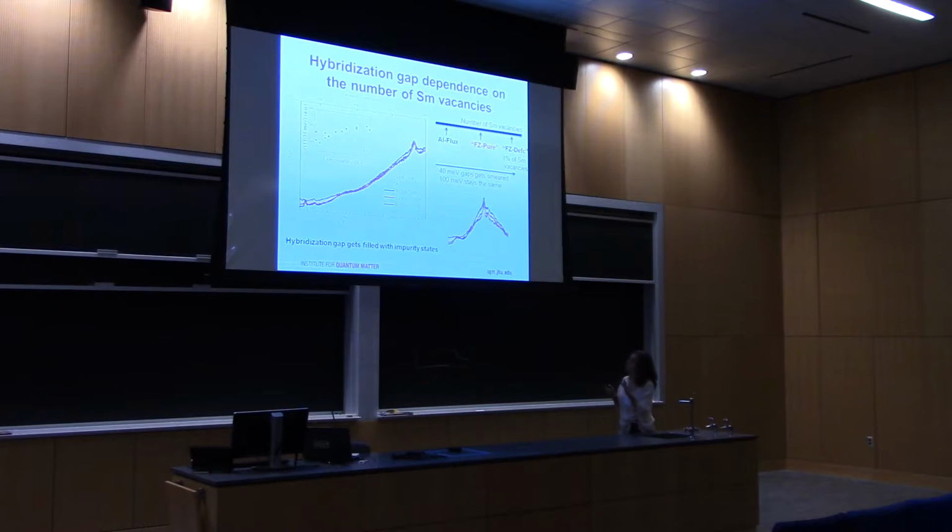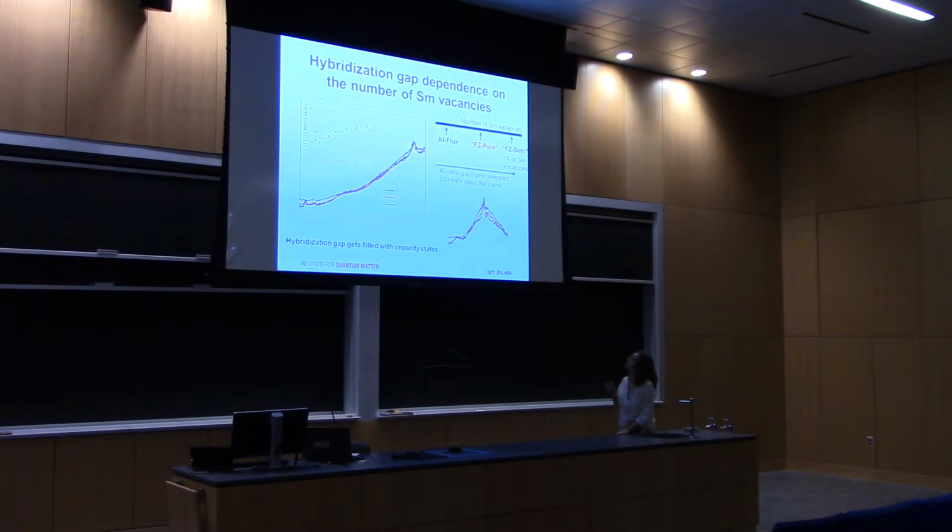Let's start with high frequencies. At high frequencies, everything is the same for these three samples. Then if we go to lower frequencies, for the purest sample the feature at 40 MeV and the depression at lower frequencies develop much more and are better seen than in the intermediate case.